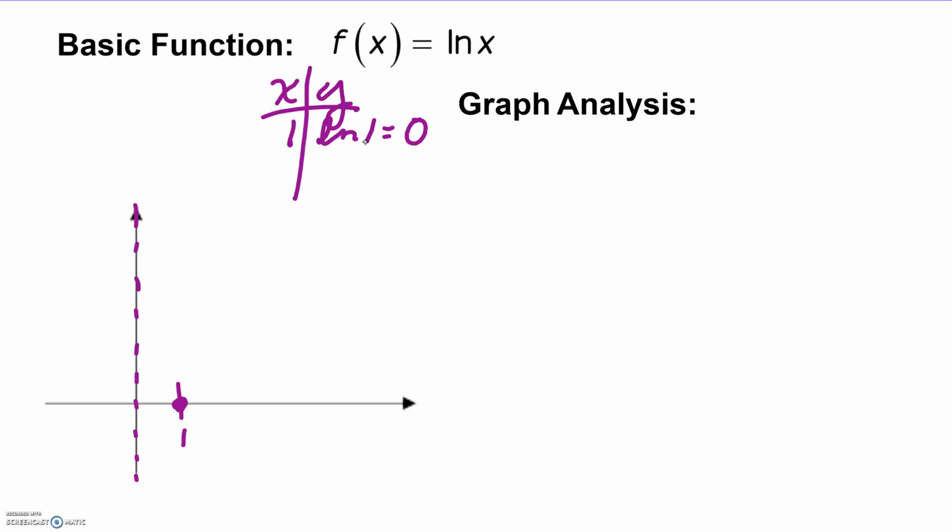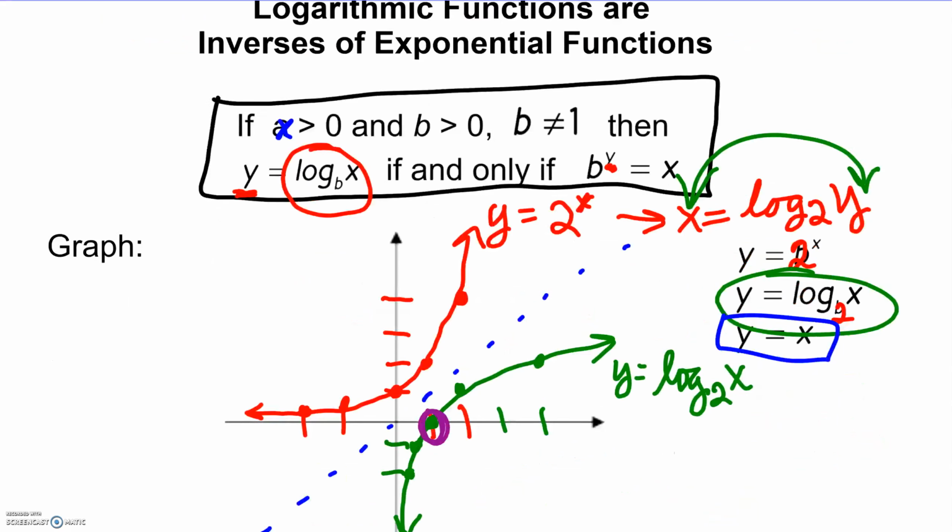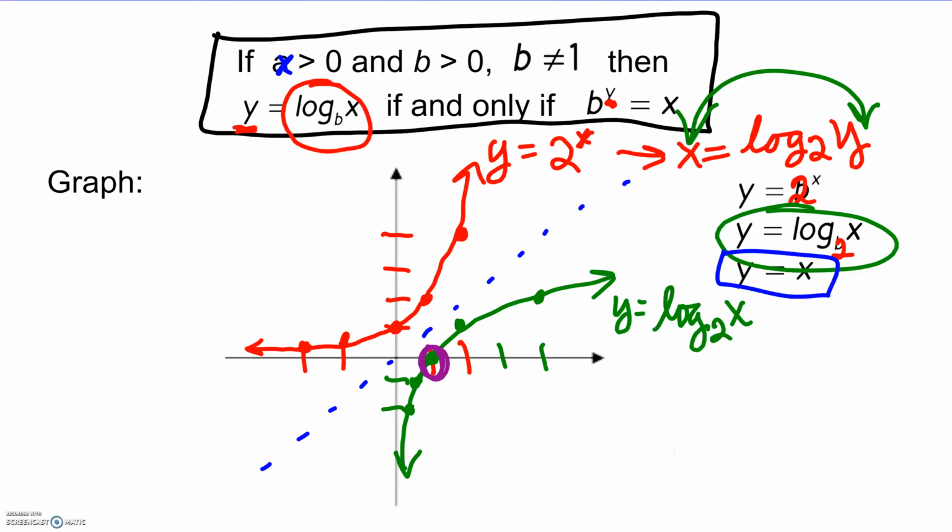Now, the other key point that we're going to have on the graph, if we look back over here at our log base 2 of x graph, we had this point right here, which was the point (2, 1). That was there because if you have log base 2 of 2, when the base and the number you're taking the log of match, then the answer is just 1.